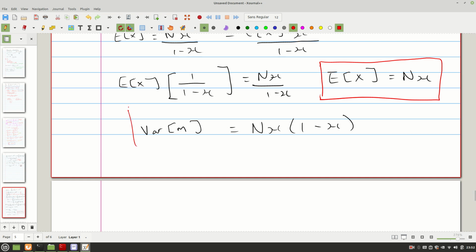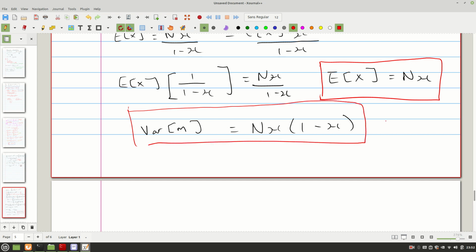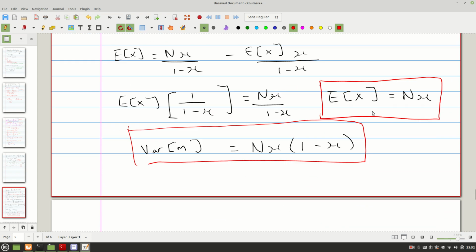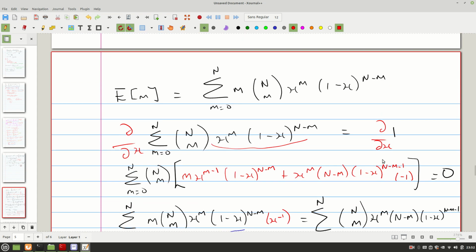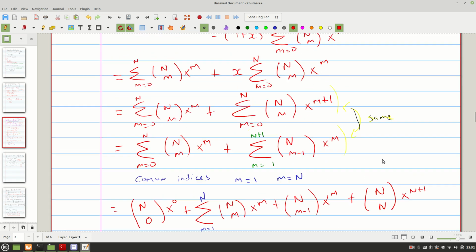I'm not actually going to go through the proof for this, but the hint for you is also given in the Pattern Recognition and Machine Learning book by Christopher Bishop. The hint here is that you ought to just differentiate twice with respect to mu, and if you do that, you should be able to get this result as well, but I'm not going to go through with that.